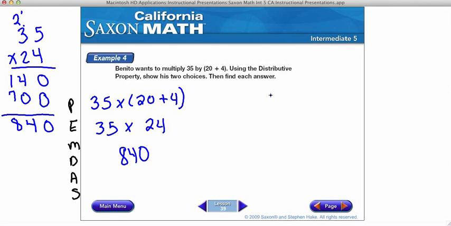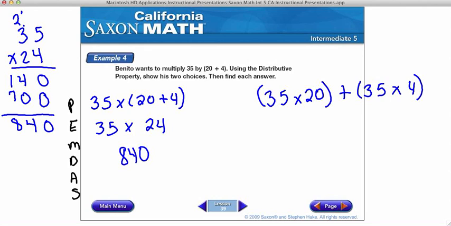My other option is to use the distributive property and say 35 times 20 plus 35 times 4.